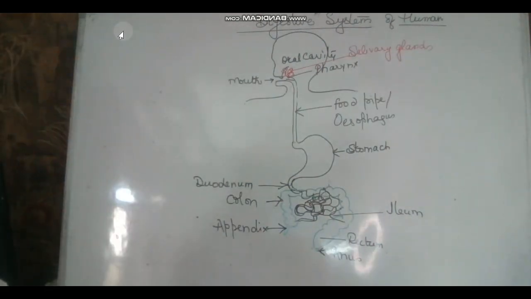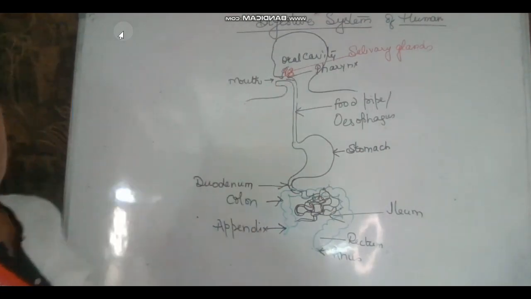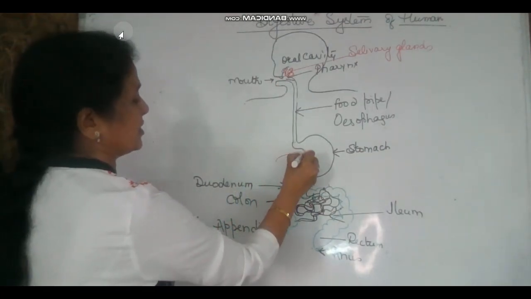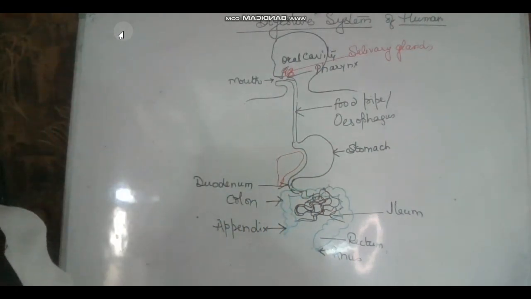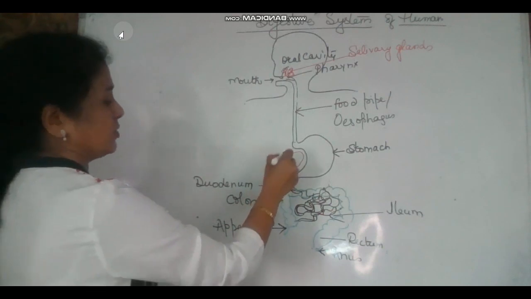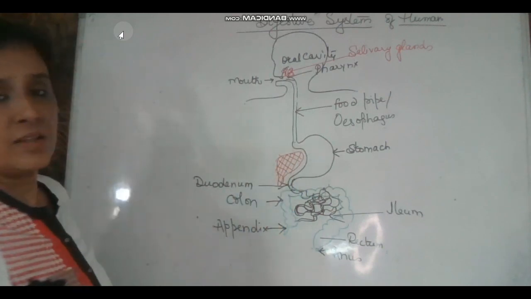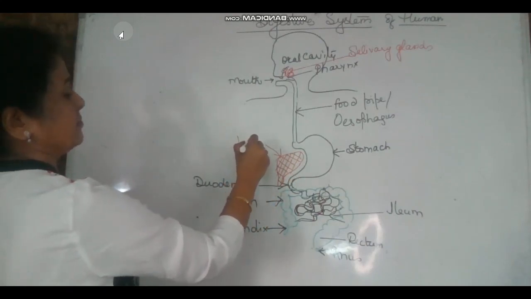So these salivary glands are secreting their saliva into the oral cavity. There comes the largest gland of the body. Can you name this largest gland of the body here? This one. This is liver. This gland is liver.